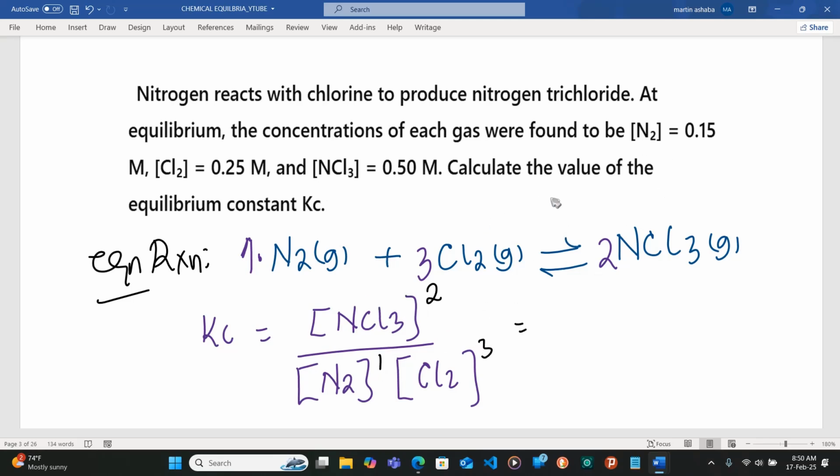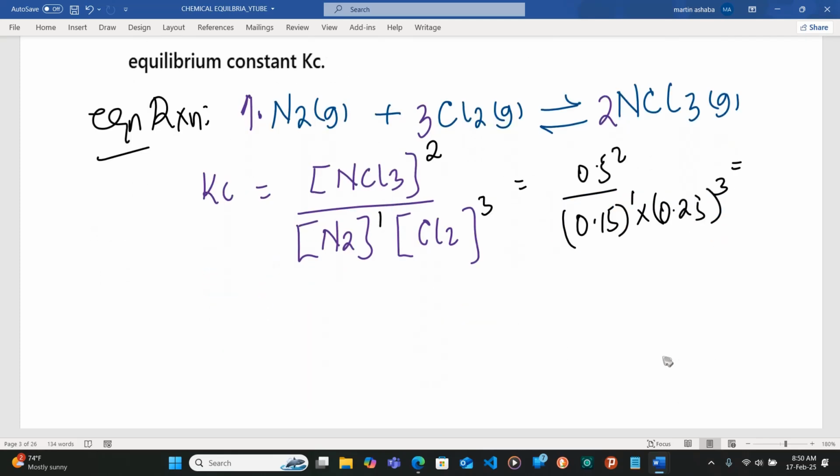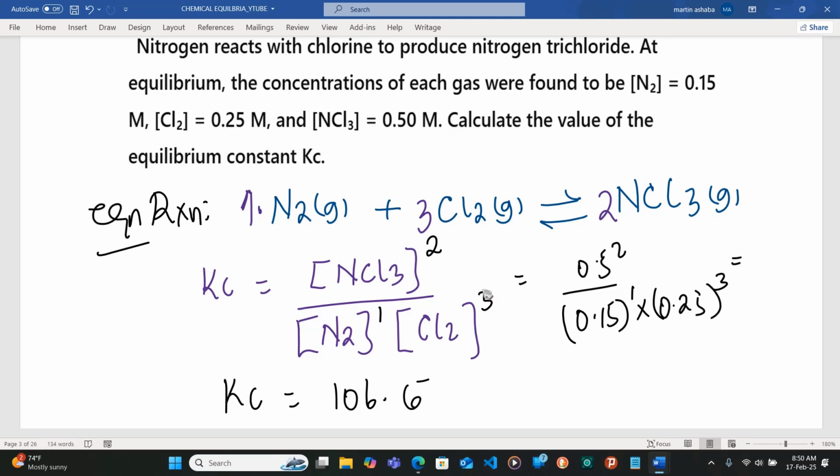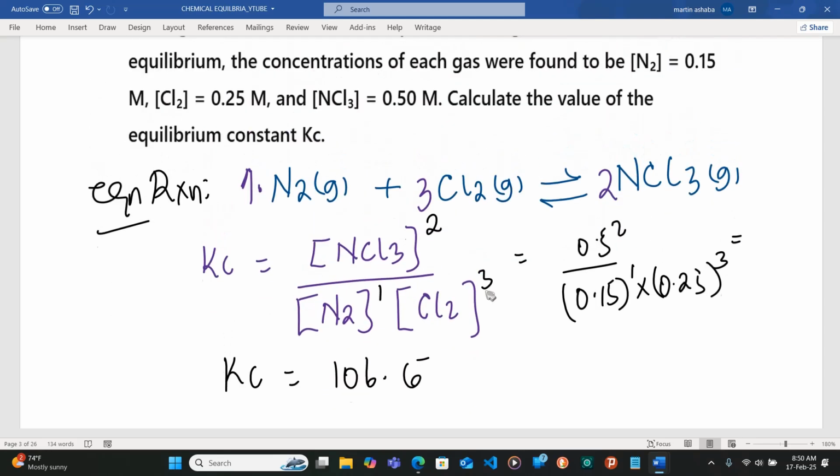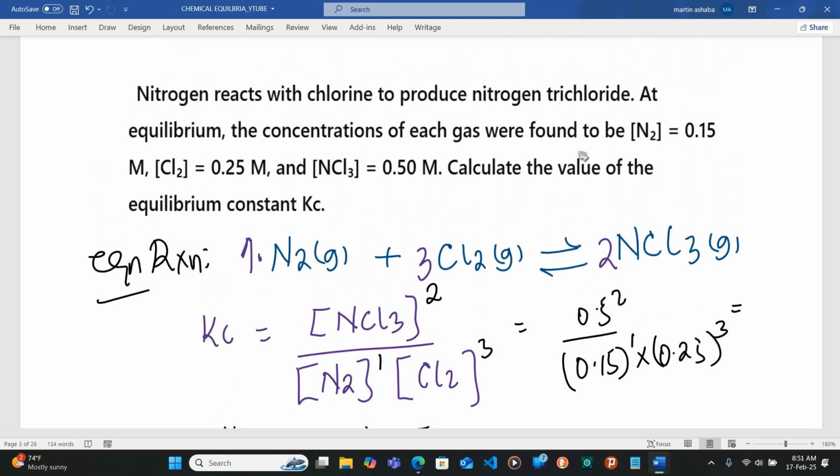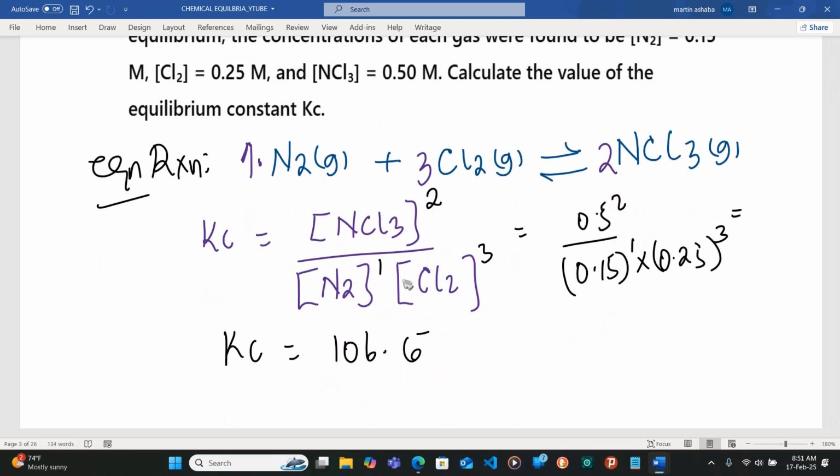So nitrogen trichloride is 0.5. We square it, divided by 0.15 power 1. Then we are multiplying it by 0.25 power 3. So putting this on my calculator is giving me Kc equivalent to 106.6 recurring. So that is how we can calculate the equilibrium constant in terms of concentrations. And if given the partial pressures in terms of atmospheres, we are able to look for Kp.